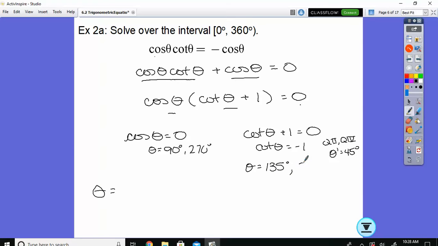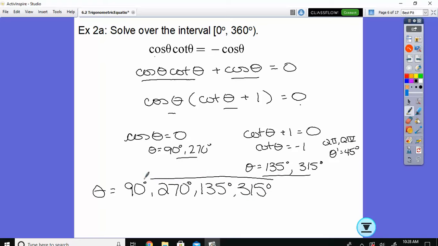Quadrant 4, 360 minus 45 is 315. So for our final answer, we just have all of those. We got 4 different answers here. I don't know why I said 3. Sorry. Just a math teacher who can't count.